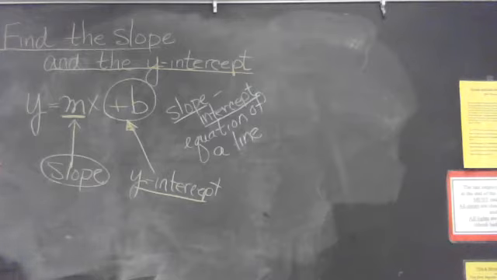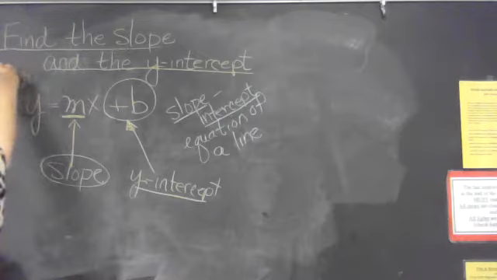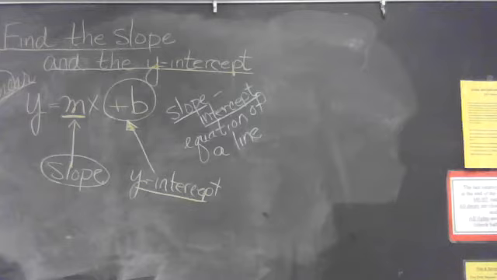This is called a linear equation because it makes a line. You can always tell by looking at an equation if it has x and y in it, and the exponents are not any bigger than 1, then it will make a line. Are we good?